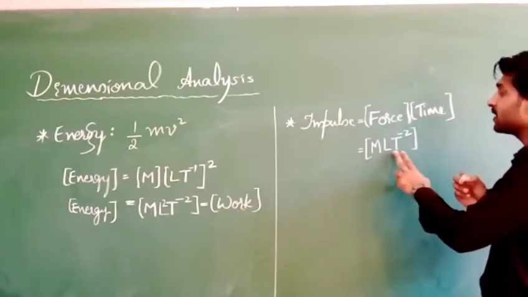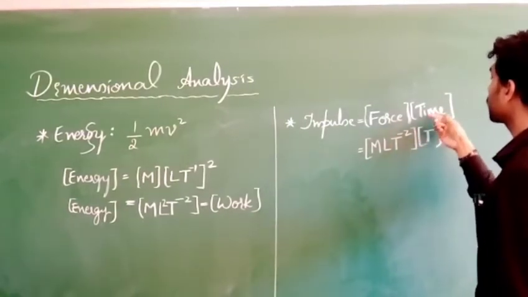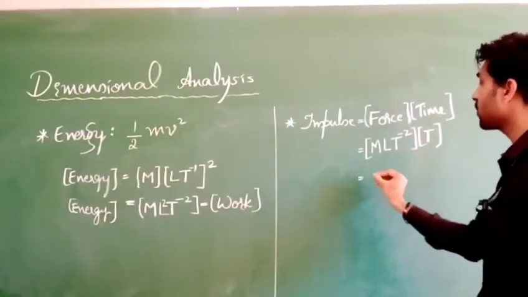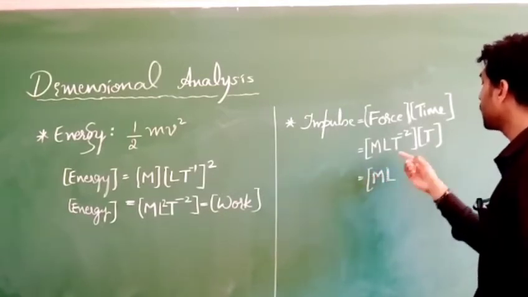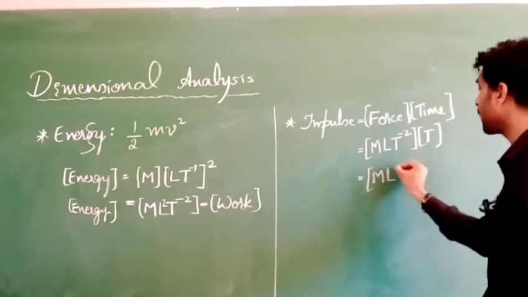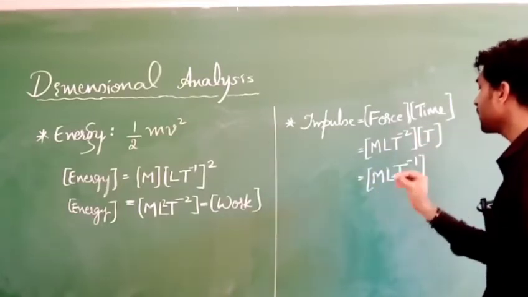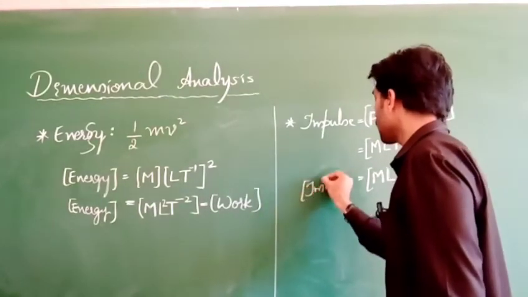So M L T power minus 2, and here time T. So finally what can I write? M L T power minus 2, T power plus 1. Minus 2 plus 1, how much will it be? Minus 1. So M L T power minus 1 is the dimensional formula for impulse.